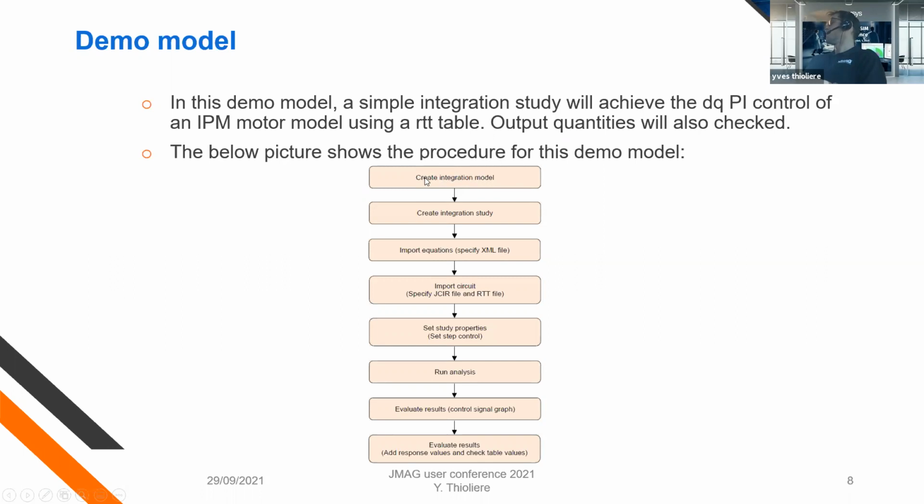You need to create not a shape, but an integration model, an integration study. Because here we will have some control, I need to import some variables, some equations. As usual in JMAG, you can import equations. It is, of course, prepared for the demo. The circuit, I will also import. It's also prepared for the demo. Then I just have some study step controls to specify, then run the calculation and evaluate the results. So you see there is no shape creation.